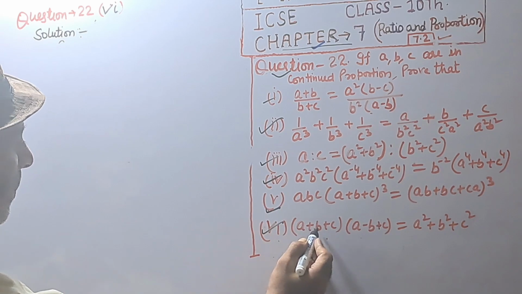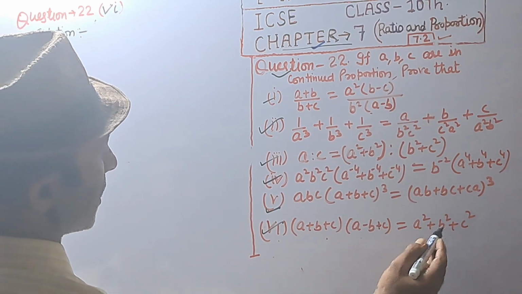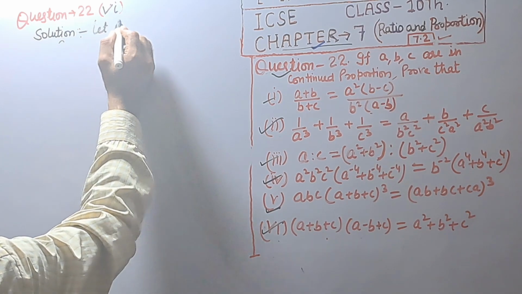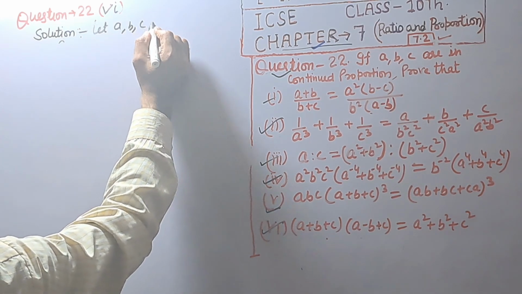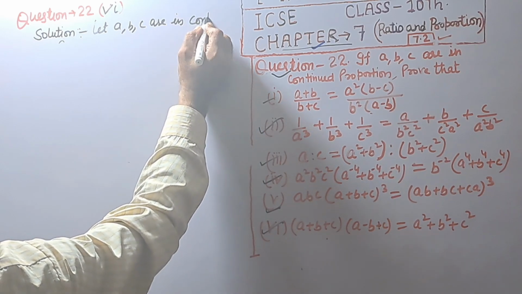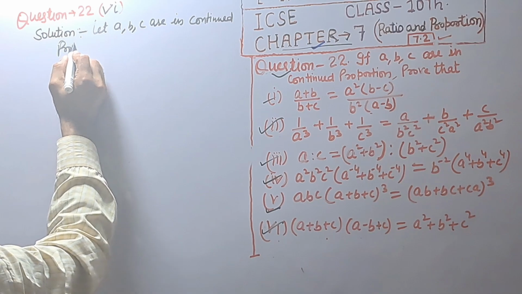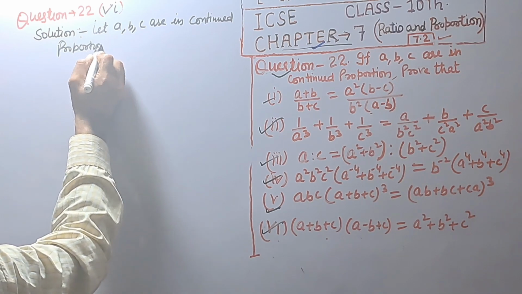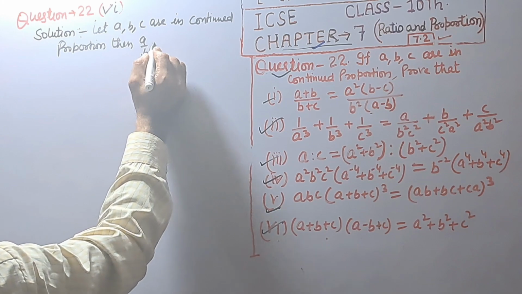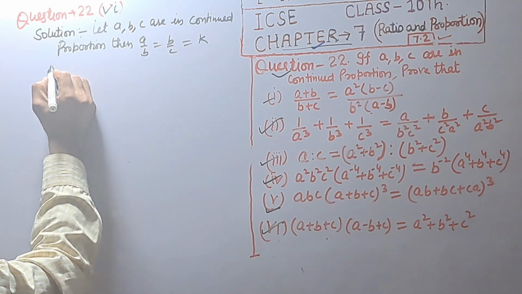Sixth part, a plus b plus c into a minus b plus c is equal to a square plus b square plus c square. Let a, b, c be in continued proportion, then a upon b is equal to b upon c is equal to k.